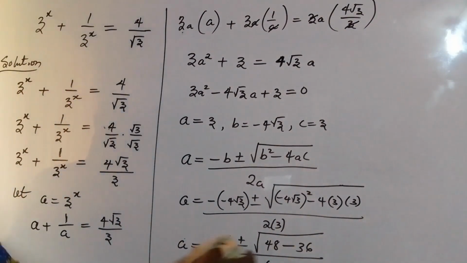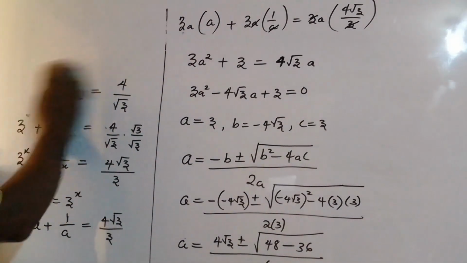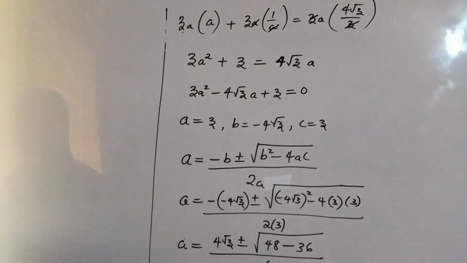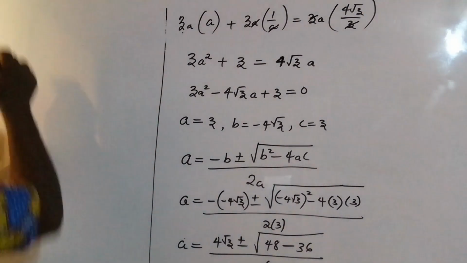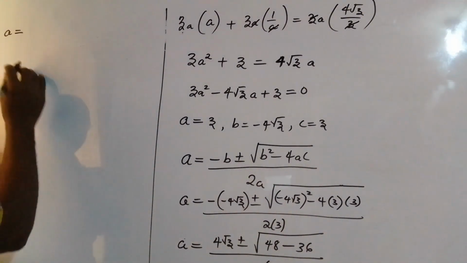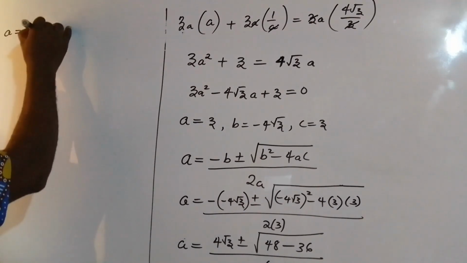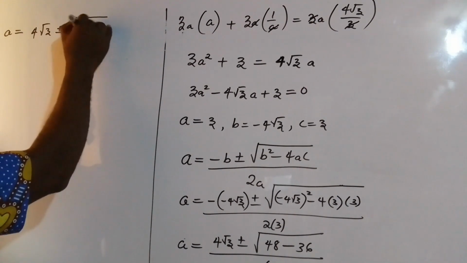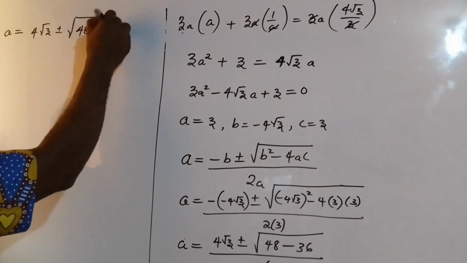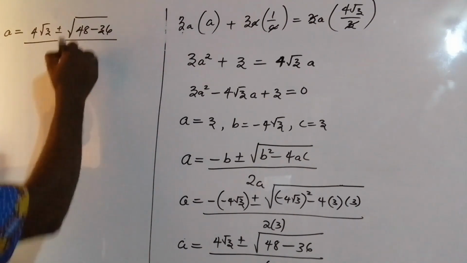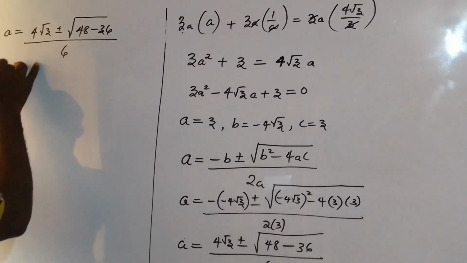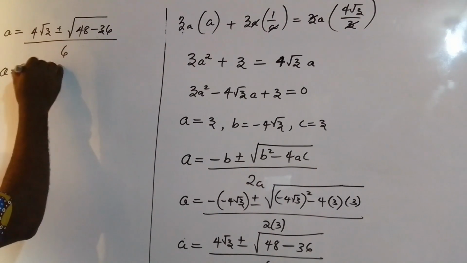Okay, so I will have to rewrite that line. I'm going to rewrite this line now to give me a equal to 4 root 3 plus or minus square root of 48 minus 36 all over 6. The 6 is from 2 times 3. So we go ahead to further simplify things.